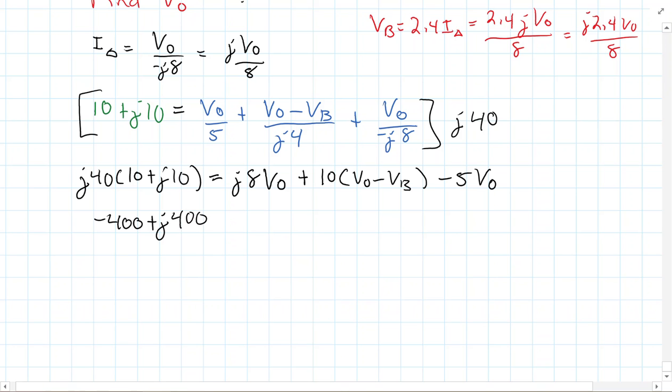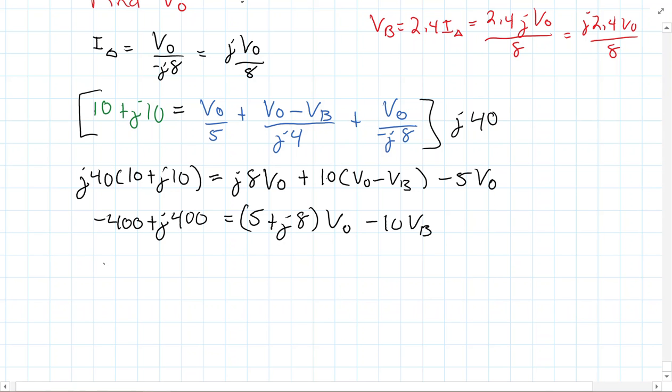So you get negative 400 plus j400, and then this is going to be equal to, let's combine some like terms here. I've got 10 V out minus 5 V out, so I'm going to have 5 plus j8 V out minus 10 VB.